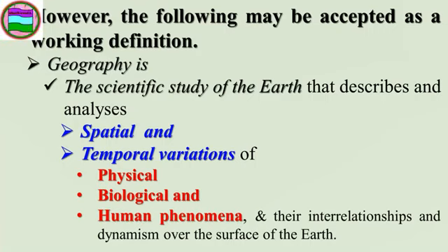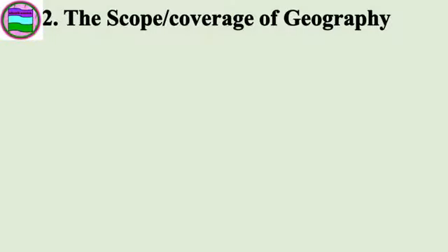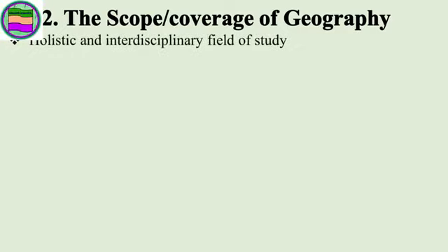The second concept is the scope or coverage of geography. Geography is a multidisciplinary field that studies the Earth's physical features, processes, environments, and human interaction within the environment. So we can say that the scope of geography is a holistic and interdisciplinary field of study.